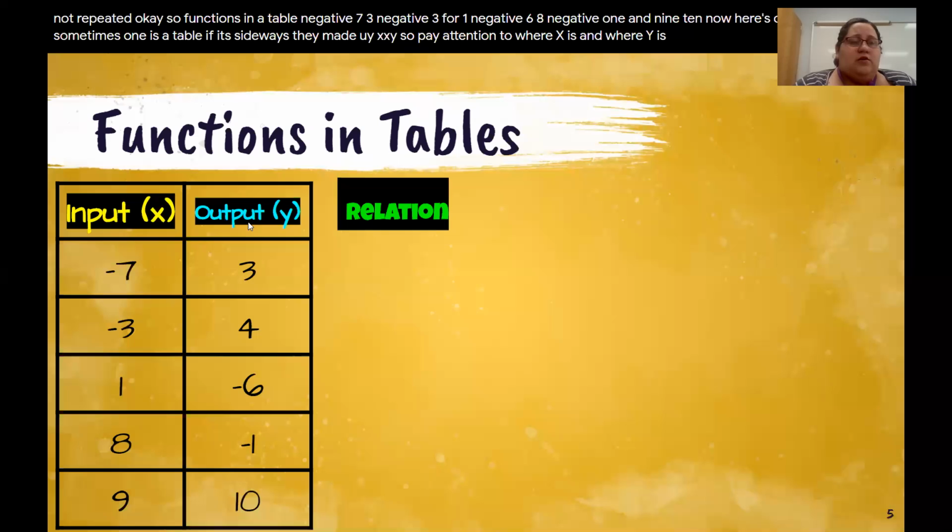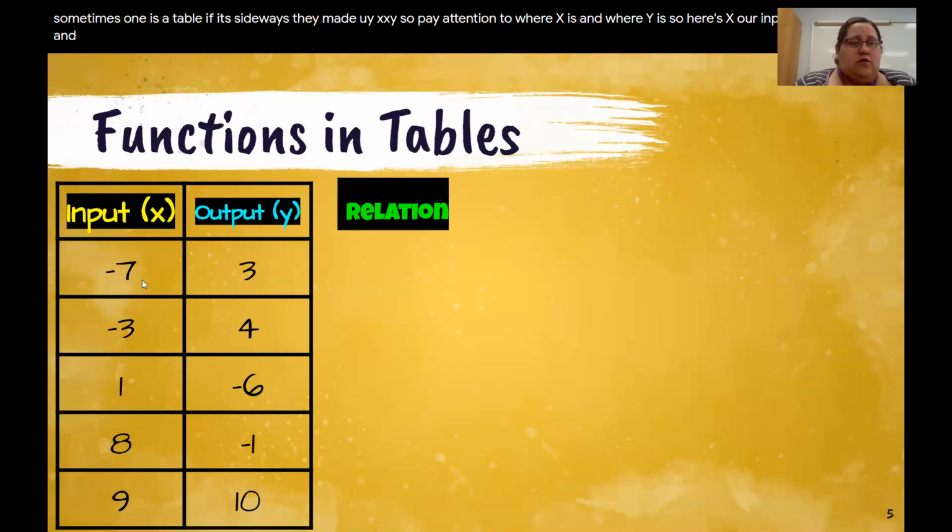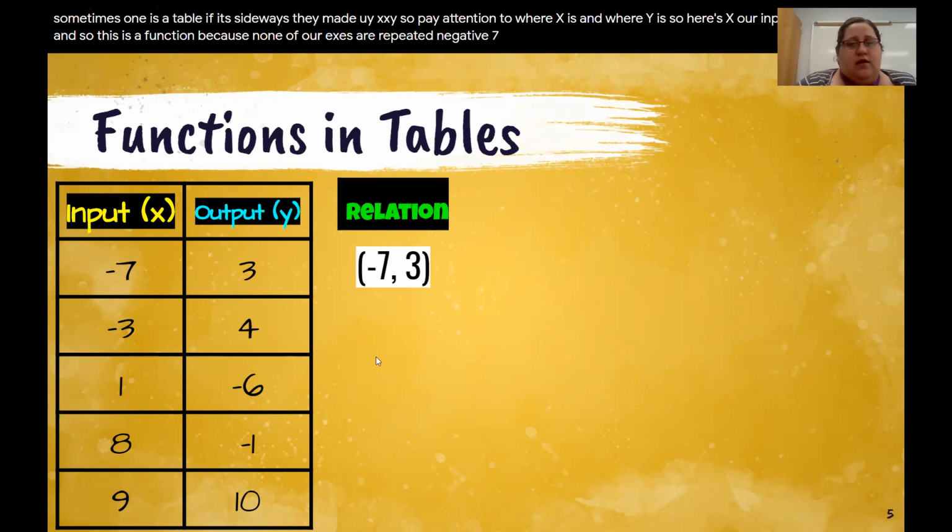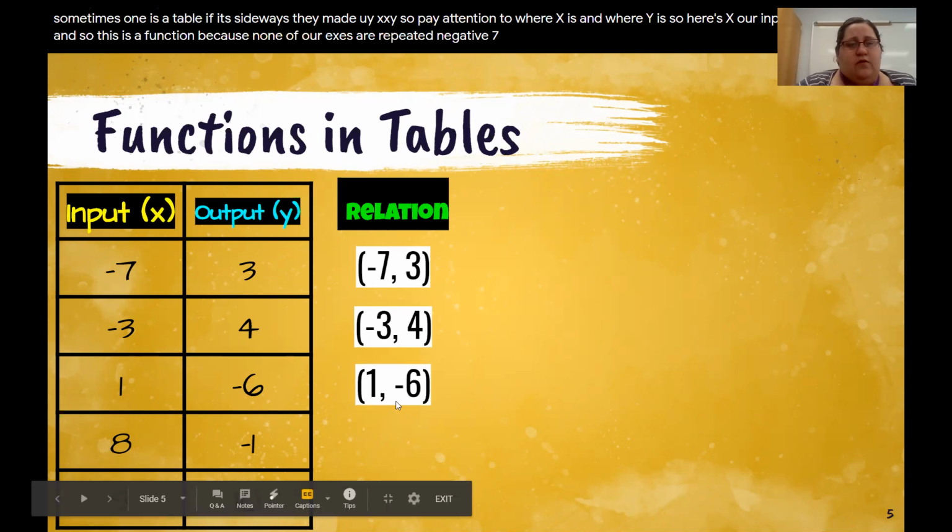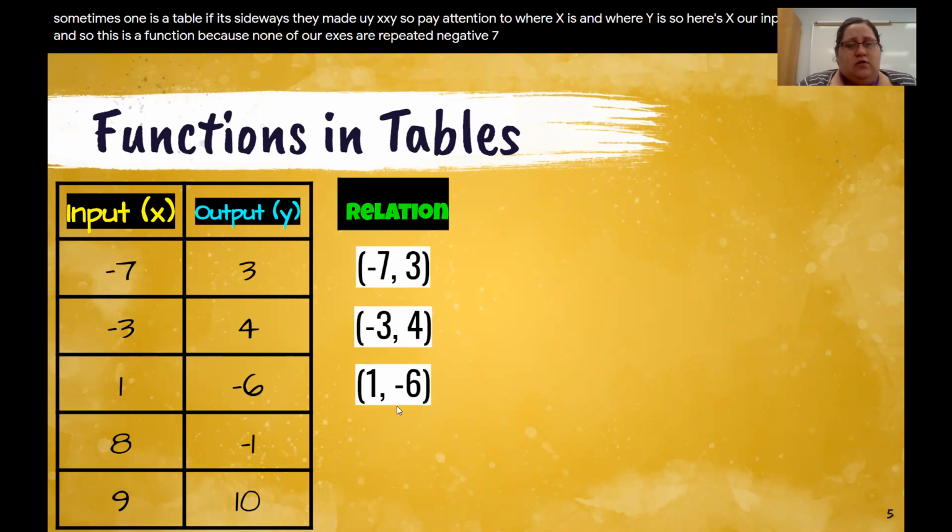So here's x, our input, and y, our output, and so this is a function because none of our x's are repeated. -7, -3, 1, 8, 9, they're all different. And so here are the relations that I stated: -7, 3, -3, 4, 1, -6, 8, -1, and 9, 10. So that's what a function looks like in a table.